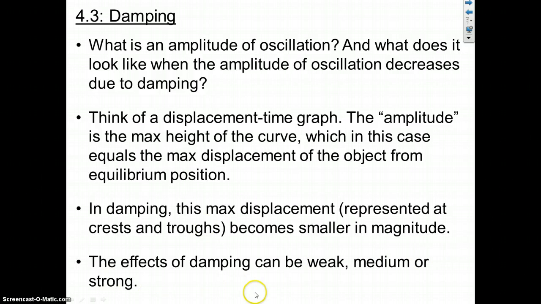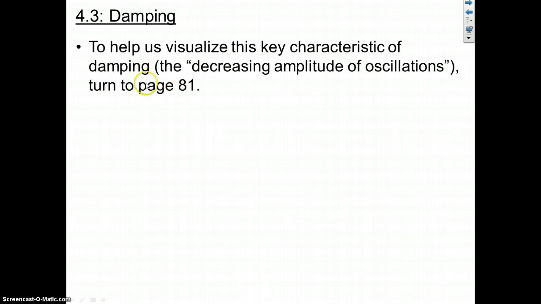Now these effects can be either weak, medium, or strong. Those are not exactly official terms. But to help us visualize this key characteristic of damping, the characteristic being the fact that it decreases the amplitude of oscillation, turn to page 81 of your book.